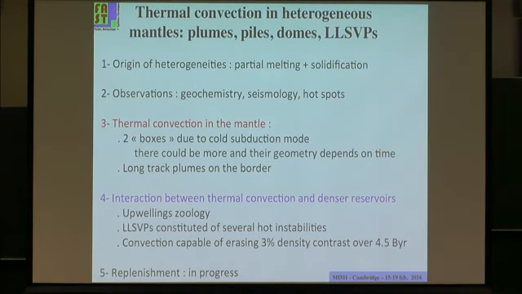But thermal convection in a homogeneous mantle is capable of producing the large-scale cold wavelengths of the convective motion in the mantle, so plate tectonics. It's really those two boxes, it's really a plate tectonics mode.